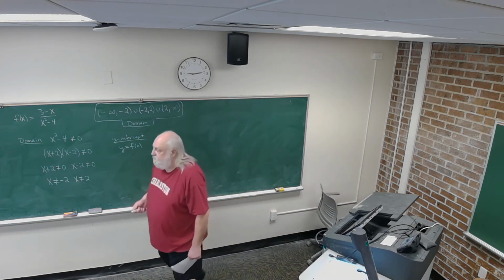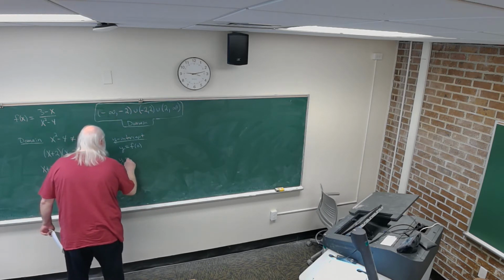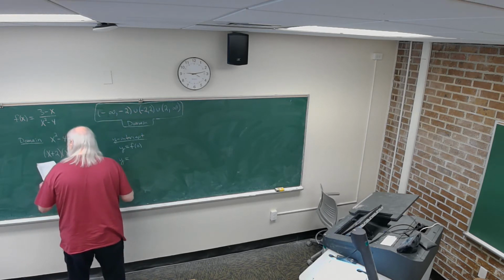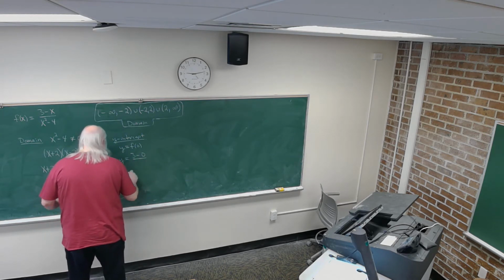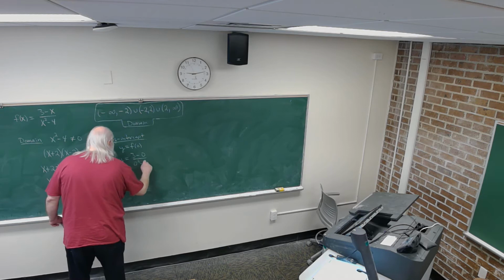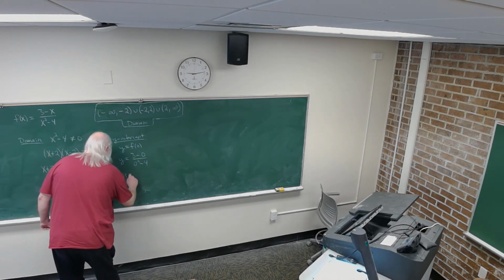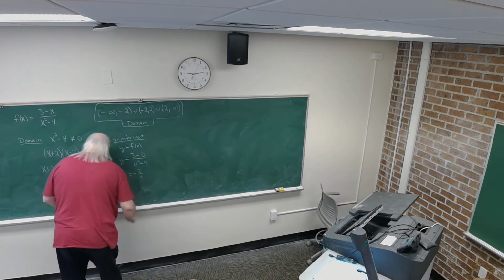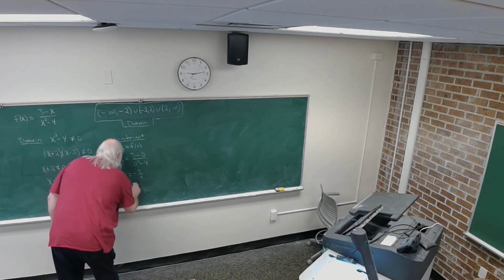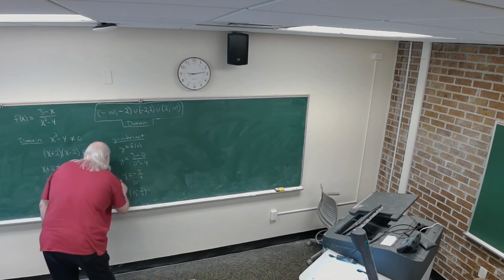And so you just put 0 in for x on the right-hand side. y is equal to 3 minus 0 over 0 squared minus 4. And you get y is equal to minus 3/4, or the point (0, minus 3/4), however you want to write it.